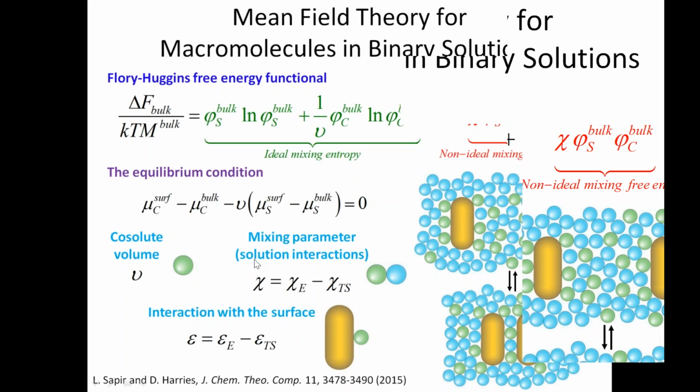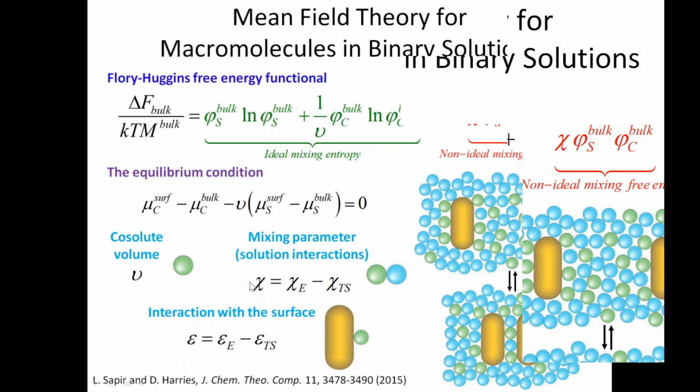We incorporate three adjustable parameters: the size of the cosolutes, which is n_i, the size of the green sphere cosolutes; another Flory-Huggins mixing parameter, chi, which is related to the free energetic interaction between cosolute and solvent molecule; and we include an interaction between the cosolute and the colloid, called epsilon.